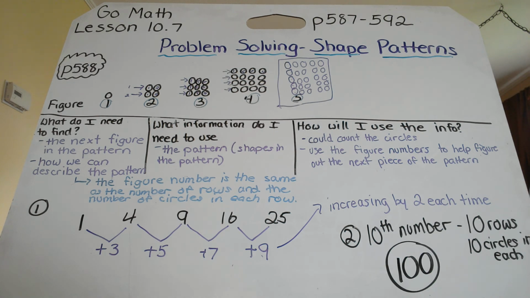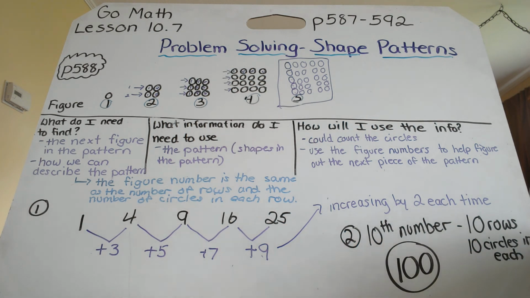And if you can find a pattern at home, how would you continue the pattern? And if you don't see any patterns at home, make up your own. Draw some shapes down there on number 3 and see if you can create your own pattern, okay? All right, and again, guys, make sure that you are contacting your specific teacher if you need help.